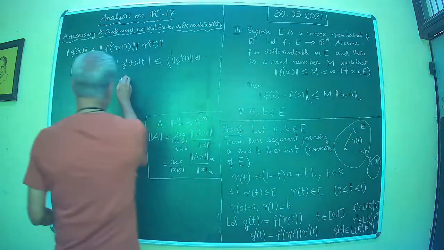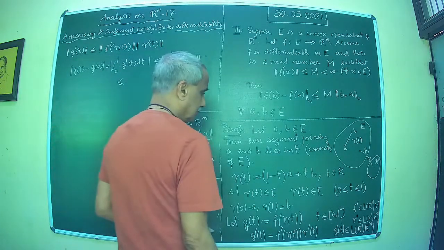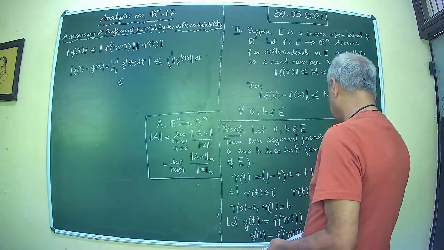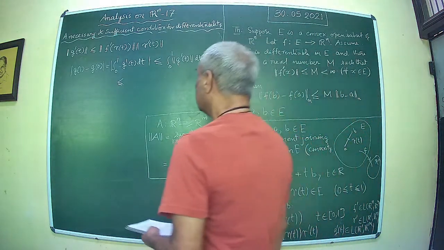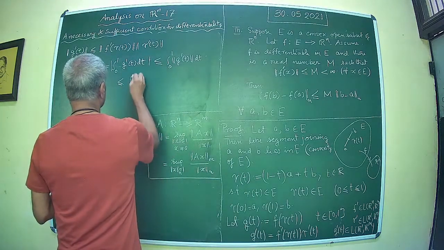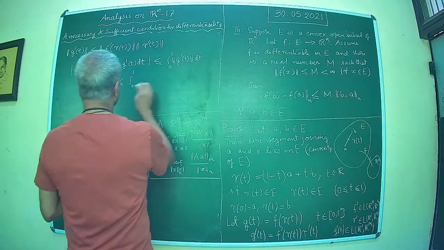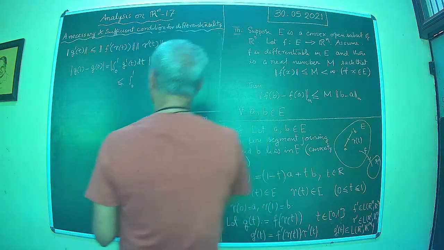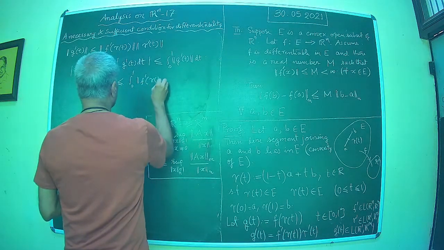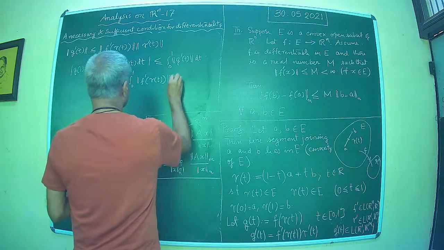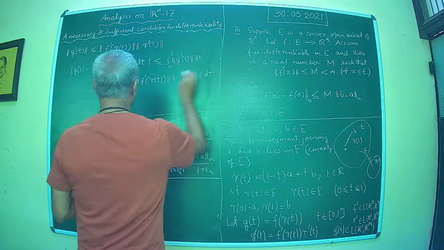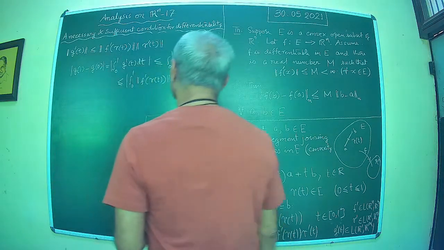This is less than or equal to, the derivative of g is, you are having a derivative of gamma, so you have this is less than or equal to... yeah, let us work it out. What is this?